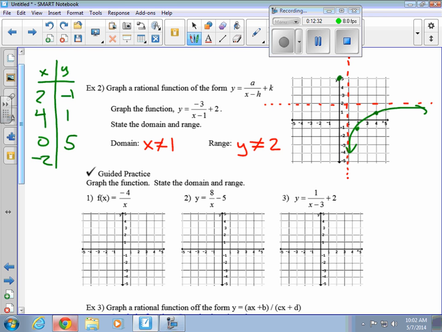So negative 2 minus 1 is negative 3. Negative 3 divided by negative 3 is 1. 1 plus 2 is 3. And there's the graph. Questions on that one? No?